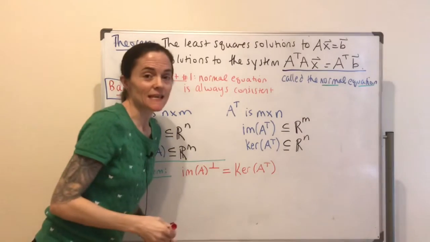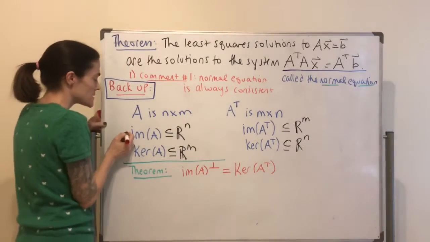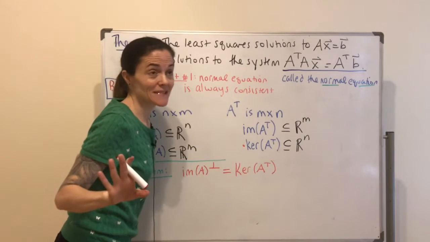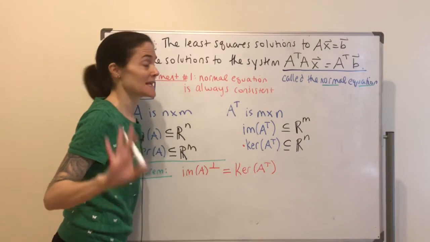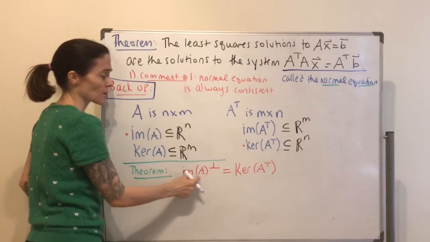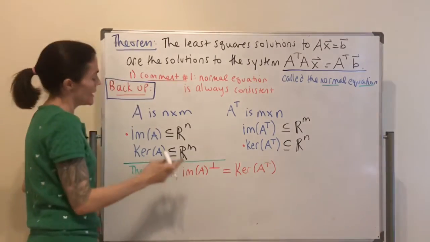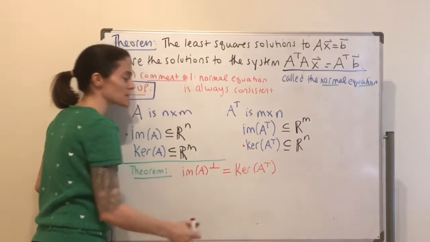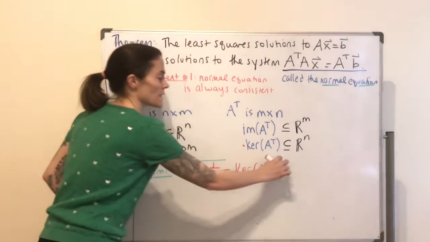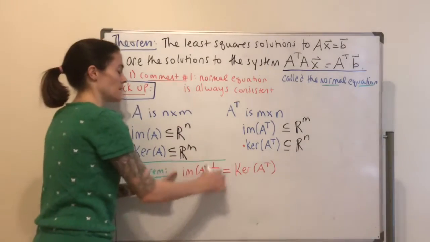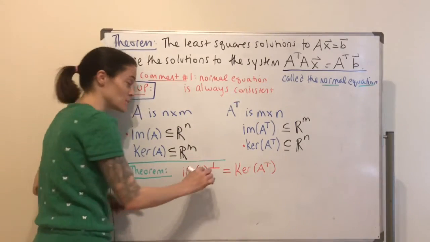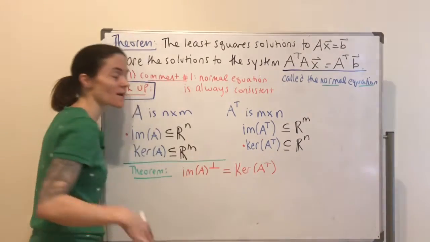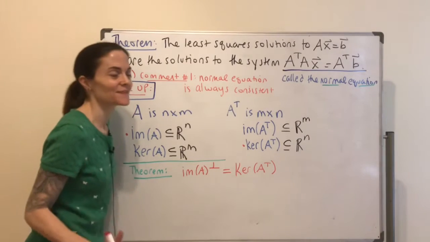So it's not just the case that this subspace and this subspace just happen to both be sitting inside Rn. It's more. It's that they're all orthogonal complements to each other. And this only says that the orthogonal complement of the image of A is the kernel of A transpose, but for instance, if you wanted the orthogonal complement of this, you would take the orthogonal complement here, and if you do it twice, you would get back the image. So this subspace and this subspace are orthogonal complements of each other.